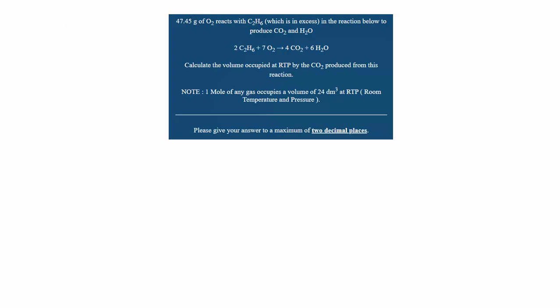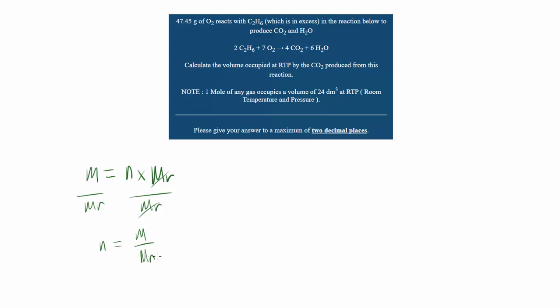So I would need to work out the amount of substance for the oxygen. I'm going to use the equation that the mass is equal to the moles n multiplied by the molar mass. If we rearrange that by dividing both sides by Mr, we get that the number of moles is equal to the mass divided by the molar mass.